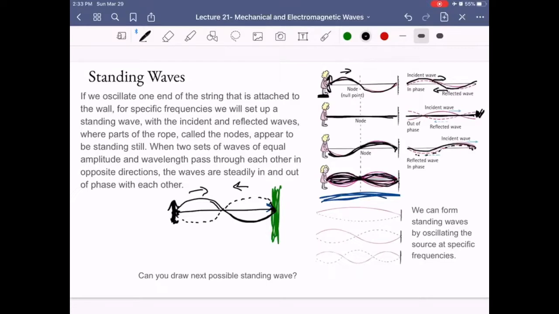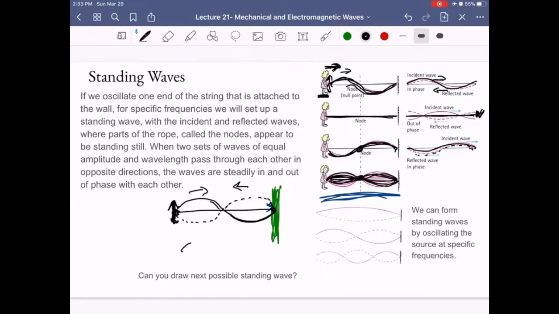But those nodes would always stay at the same spot, because the wavelength or frequency of the original wave was just right, and we were able to fit one whole wave in this distance. And this could carry on for different frequencies.